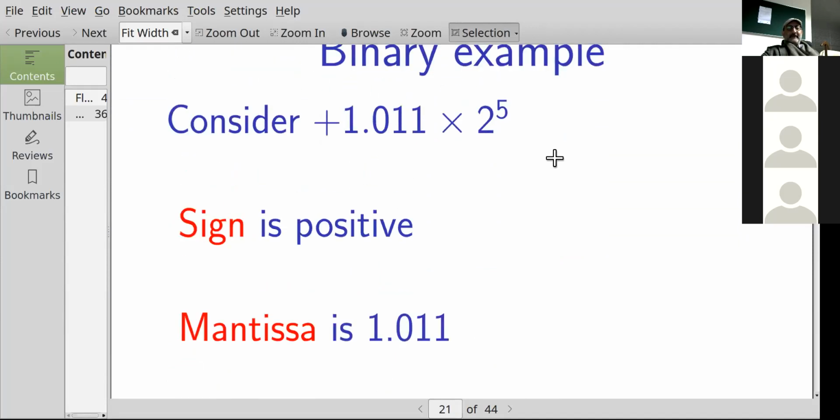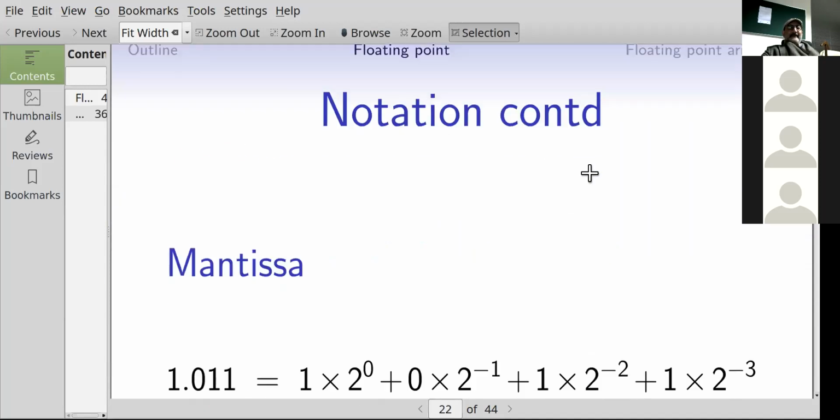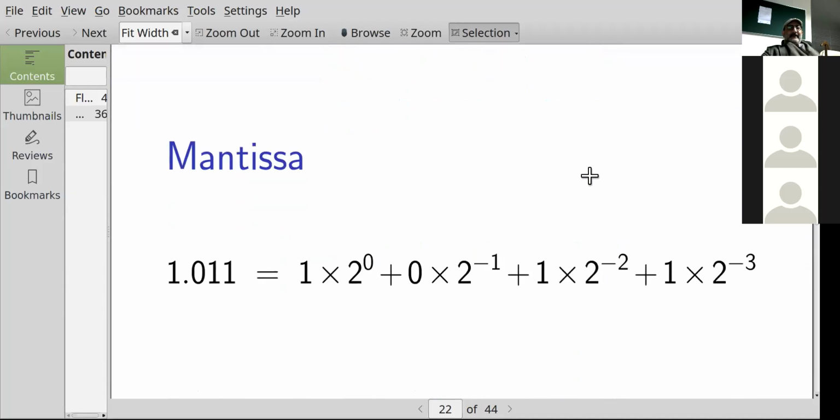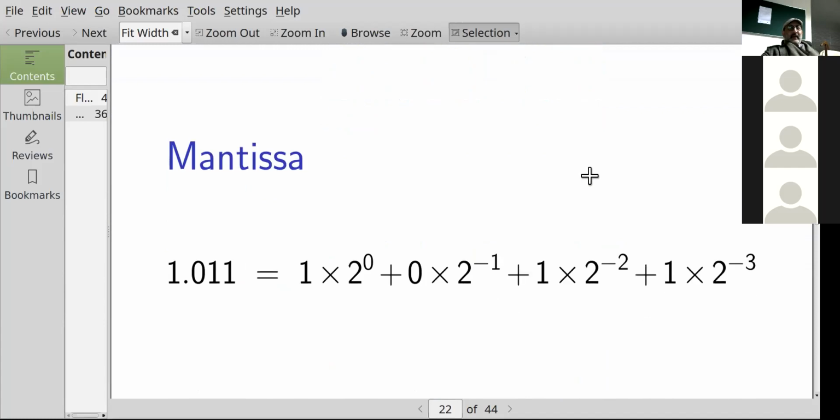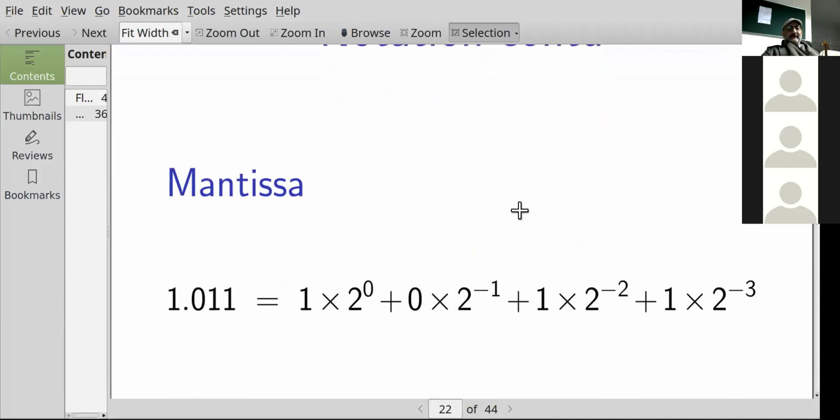Okay, is that okay? All right. Now, how do we write out that mantissa? 1 times 2 to the 0 plus 0 times 2 to the minus 1 plus 1 times 2 to the minus 2 plus 1 times 2 to the minus 3.